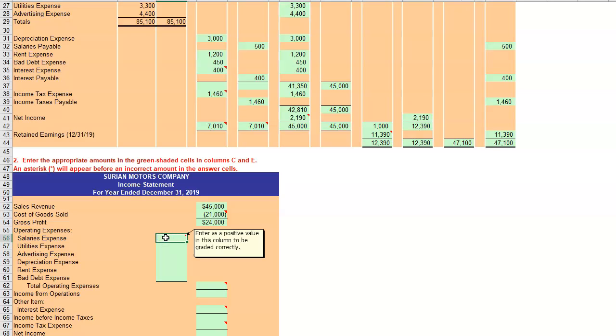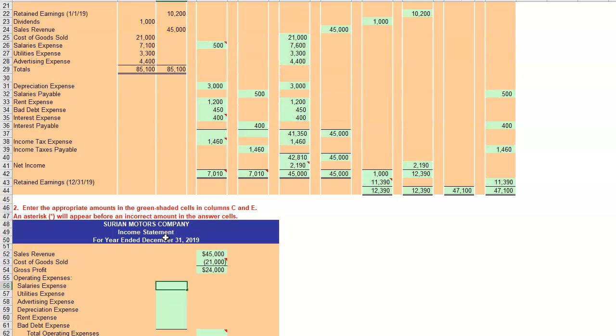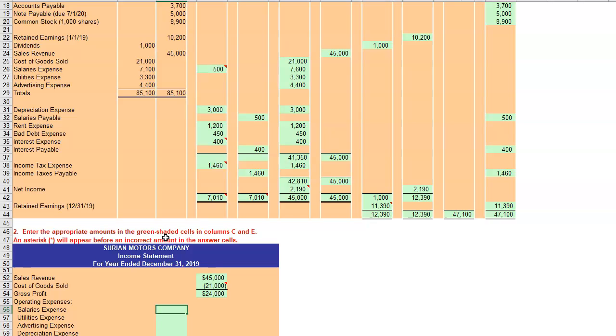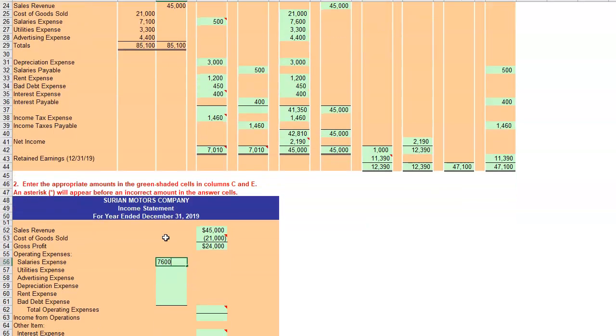All right, salaries were 7,600. Utilities are 3,300. Advertising is 4,400. Depreciation is 3,000.